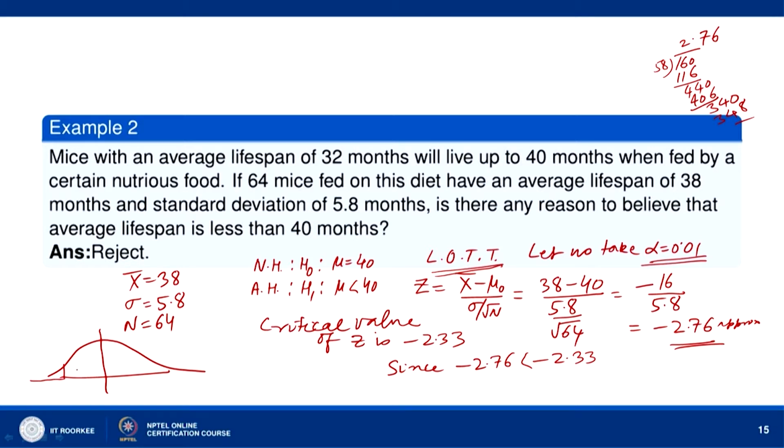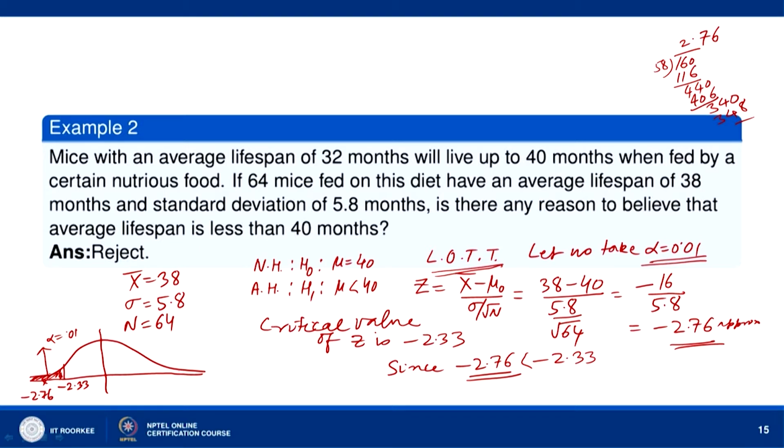So, this is our critical region, and the critical region lies on the left side only. The critical region is alpha equal to 0.01, the critical value of z is minus 2.33, and the calculated value of z is minus 2.76. So, minus 2.76 is less than minus 2.33.